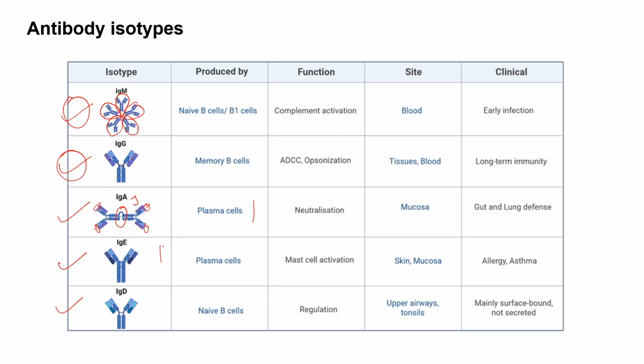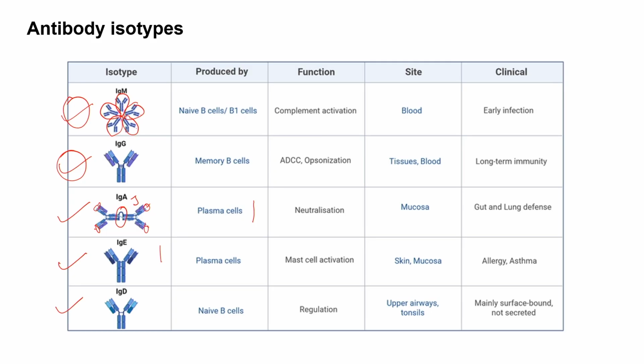IgE, on the other hand, is actually the immunoglobulin which is mostly produced upon allergic reaction, also at the time of some parasitic infection. So presence of IgE immunoglobulins is an indication that the person might have an allergic reaction or some sort of parasitic infection going on.